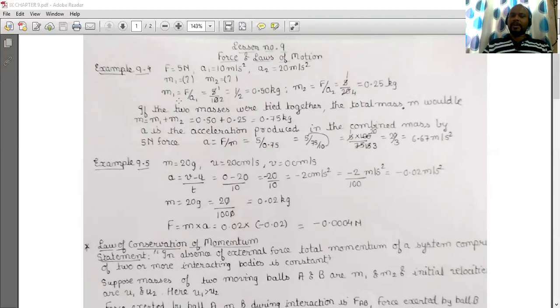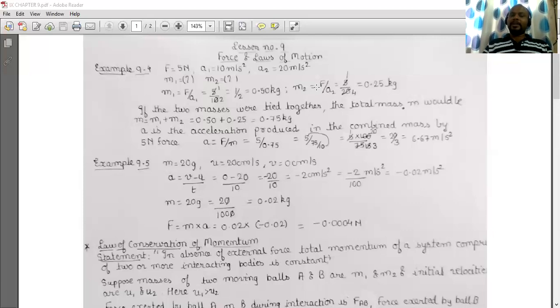The mass formula is M1 equal to F upon A1, that is 5 upon 10. The reduced form of it is 1 by 2, which is nothing but 0.50 kg. M2, force remains constant, F upon A2, that is 5 upon 20. The reduced form is 1 by 4, that is 0.25 kg.